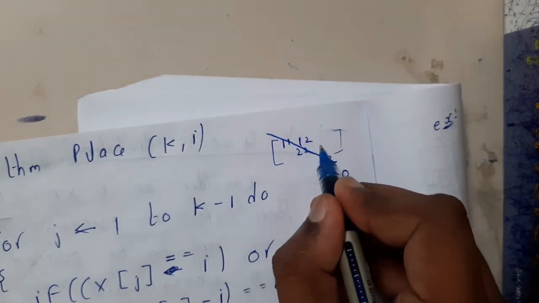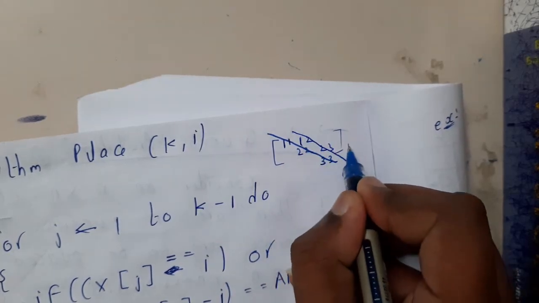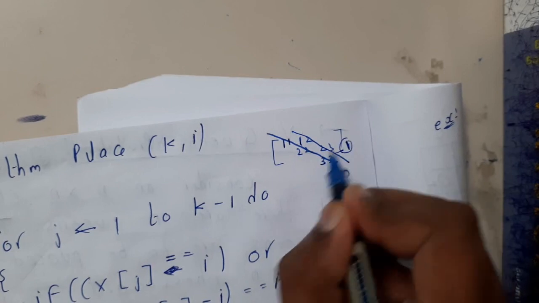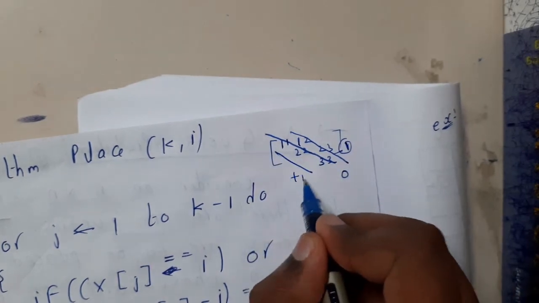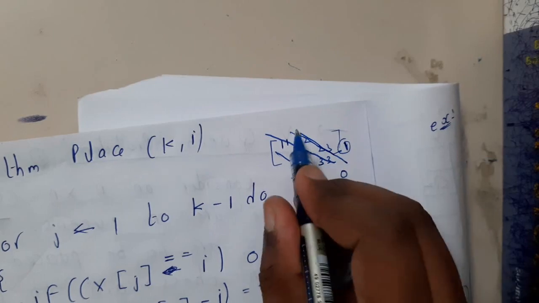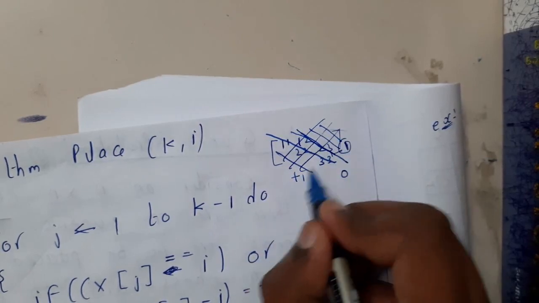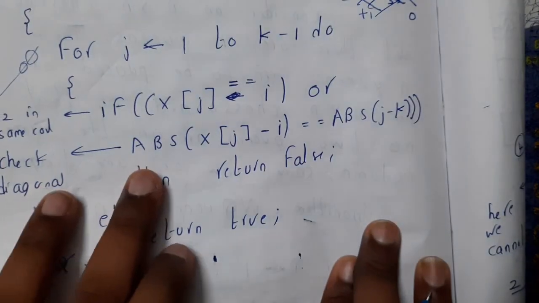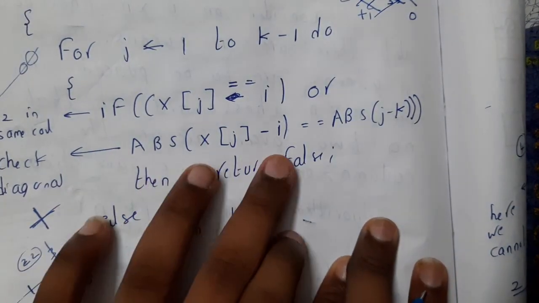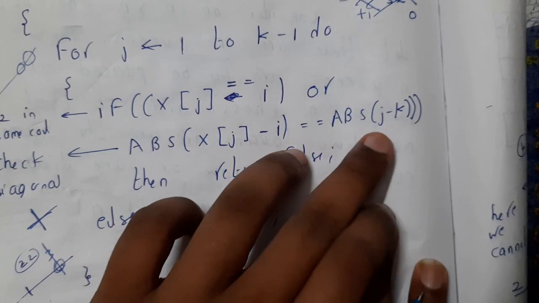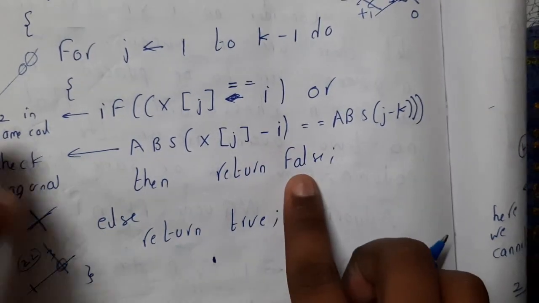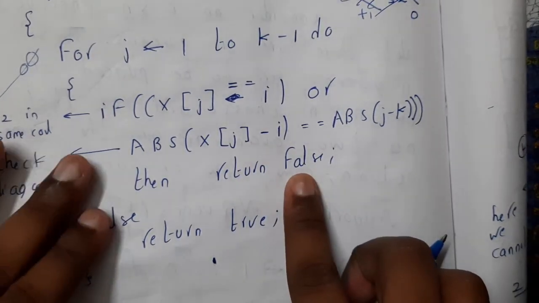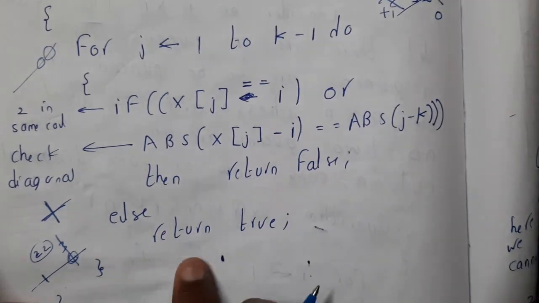For this, it will be 1 or negative 1. If it is below, it will be positive 1, and if it is above, negative 1. So all the diagonals will have a common subtract. Once you subtract them, you will get the same value. So that is what this is checking. Absolute of x of j minus I double equal to absolute of j minus k. Then we will return false, because if any one of the conditions is true, we will blindly return false. Else we will return true.